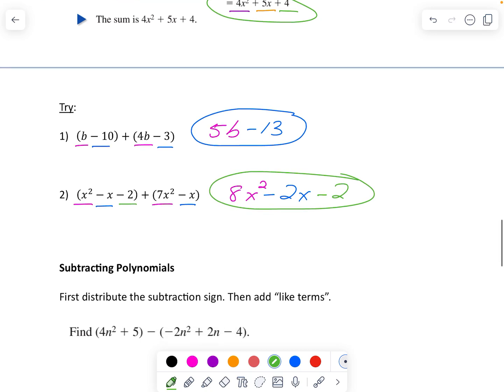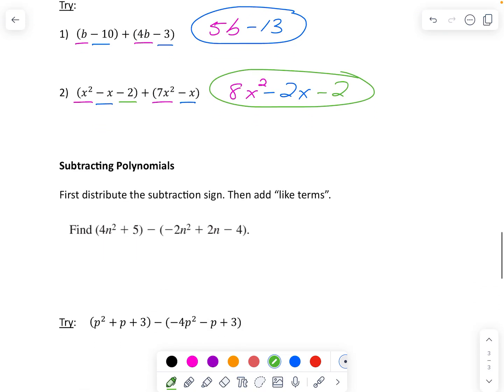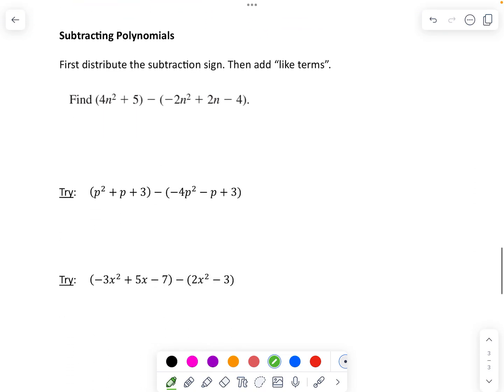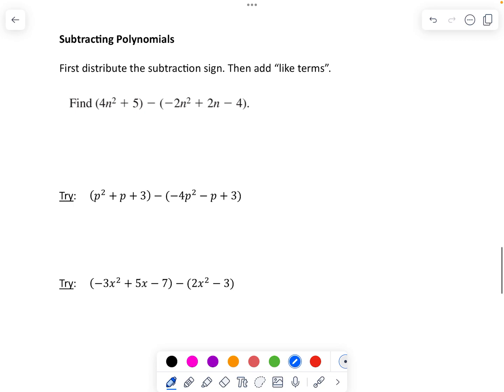So combining like terms. Now subtracting polynomials is very similar, but what we have to do is, because of this subtraction sign, it's kind of like there's a -1 in front of here. We need to distribute that negative sign to everything in the second parenthesis.